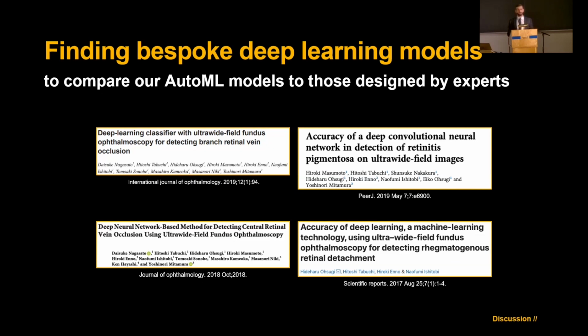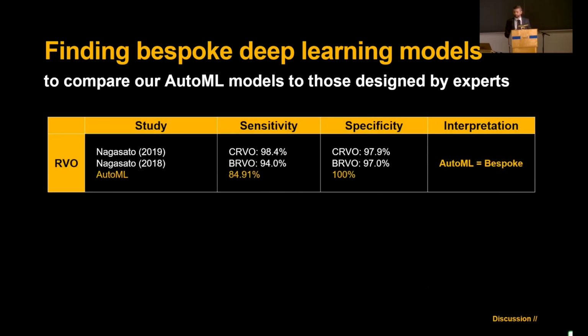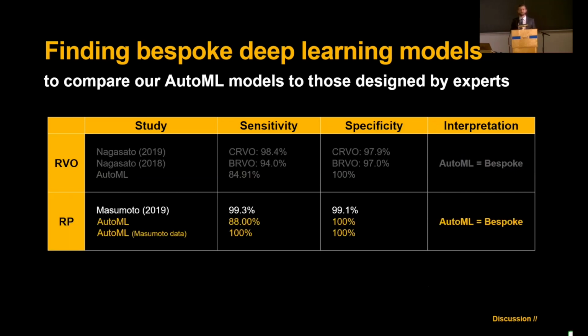Discussing and comparing our findings extensively is outside the scope of my presentation, but we did that exercise and we concluded that our retinal vein occlusion model that was trained on the Tsukazaki public project dataset did as well as a similar model trained on the same dataset. The case of retinitis pigmentosa, again comparing to an expert designed model using the same dataset, did similarly as well.